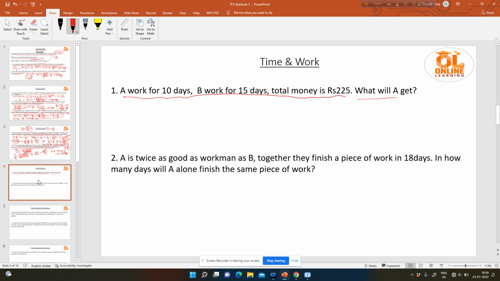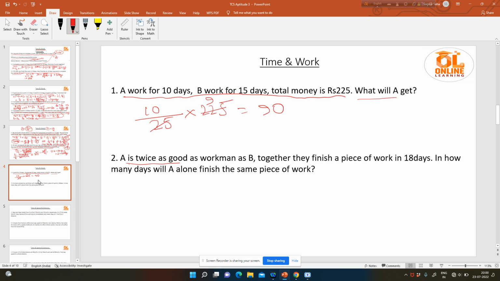So A works for 10 days, and the total number of days both work is 25. And what is the total money? 225. We have seen this concept in ratio and proportion, right? So 225 by 25 is 9, 10 into 9, 90 rupees. So what will A get? 90 rupees.